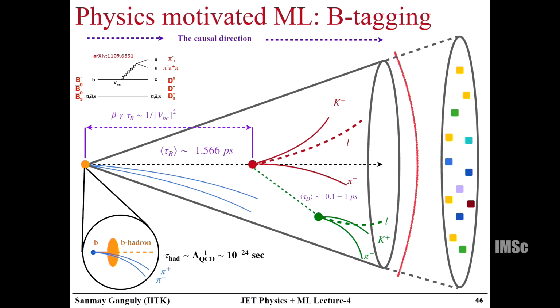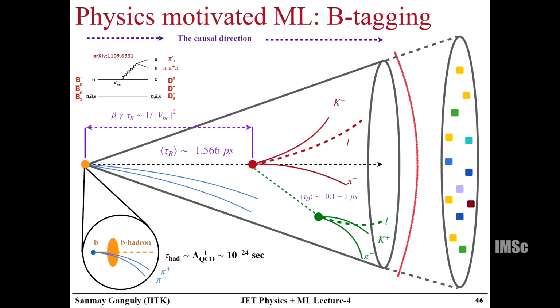When B hadrons, D hadrons, etc. decay, the signature is that they always have a secondary vertex inside the jet, which is not there if a light quark converts into a jet or a gluon fragments into a jet. So whenever we talk about B tagging, C tagging, the core experimental problem becomes you have to identify whether or not there is a secondary vertex inside the jet.